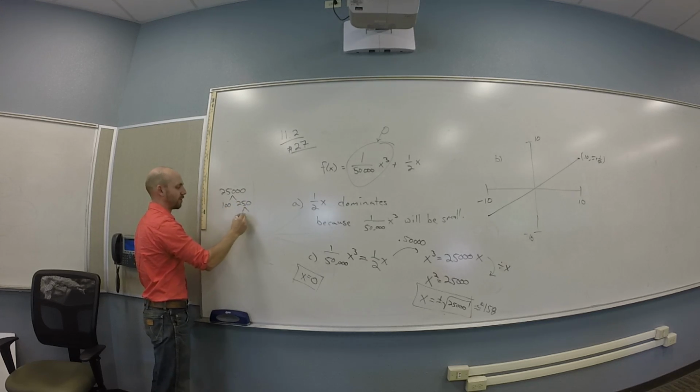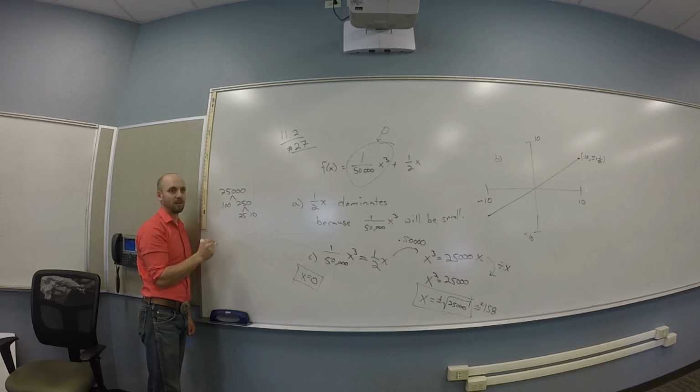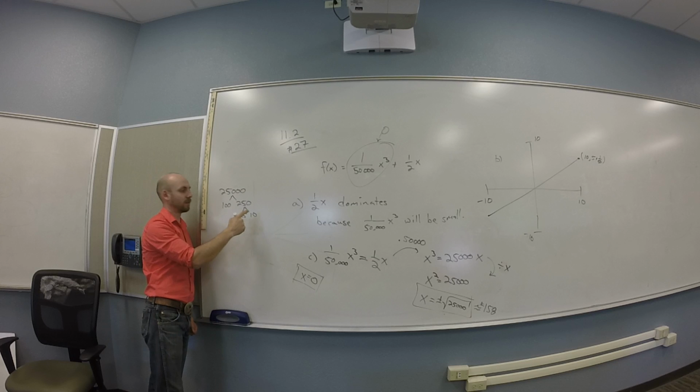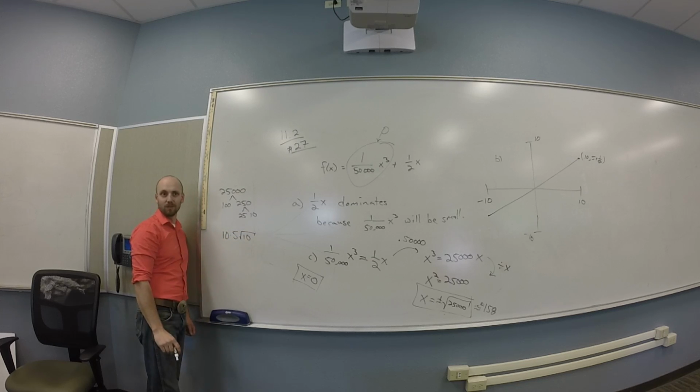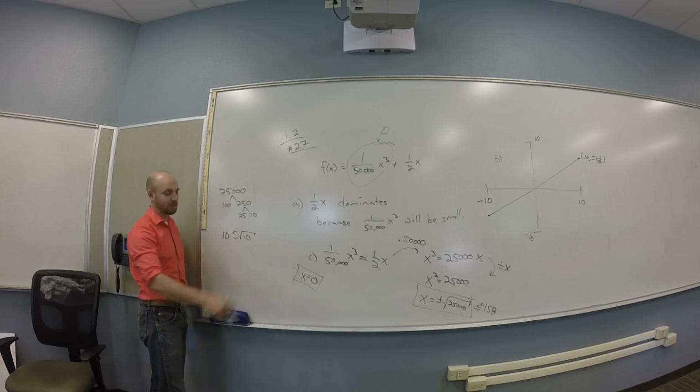Break that into 25 and 10. I know how to square root 100. I know how to square root 25. 10 I don't know how to square root, so I get 10 times 5 square root of 10. So 50 root 10. But that's the best I can do, and I'd have to approximate that anyway.